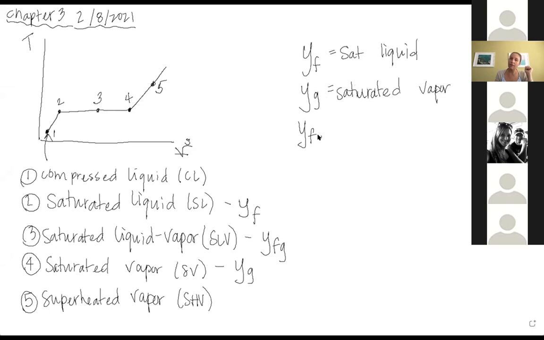And Y sub fg, this is our saturated liquid vapor. This is specific volume. So the equation for Y sub fg is our Y sub g term minus our Y sub f term.